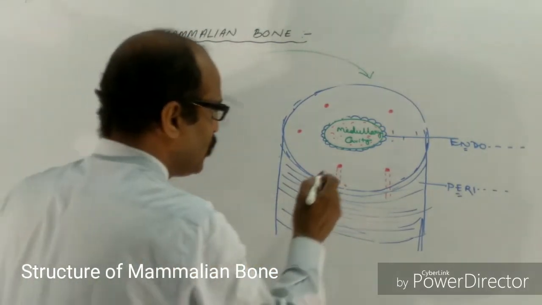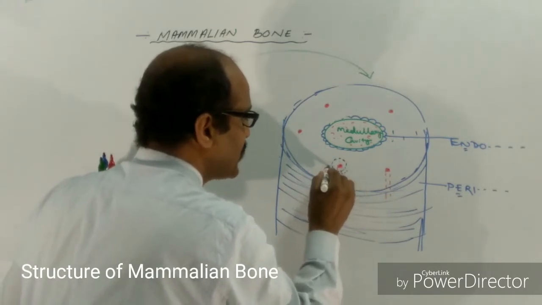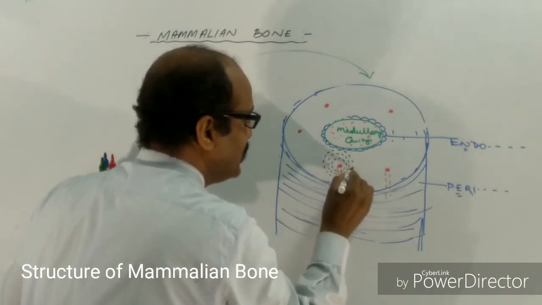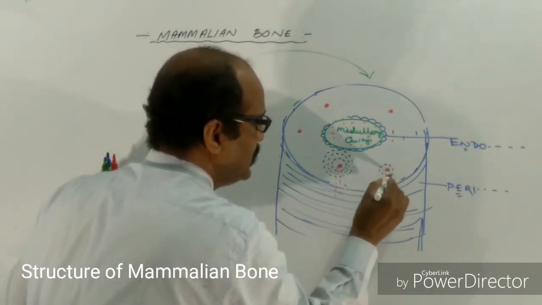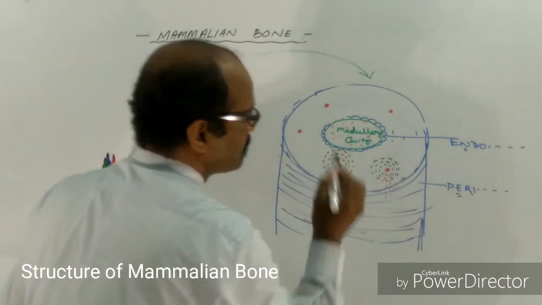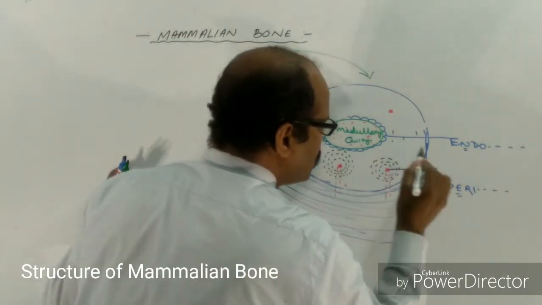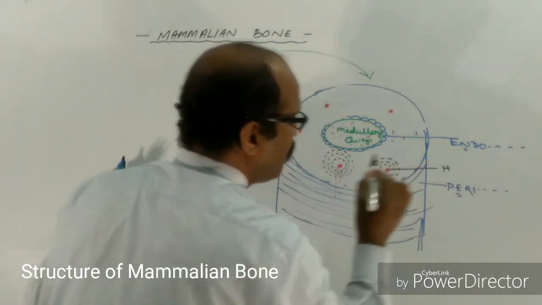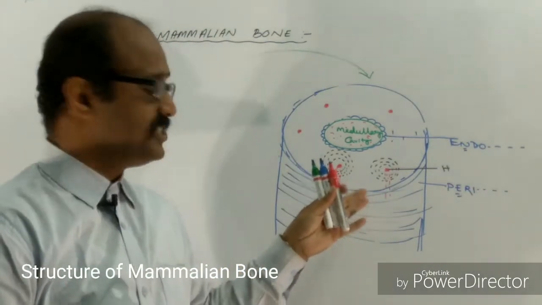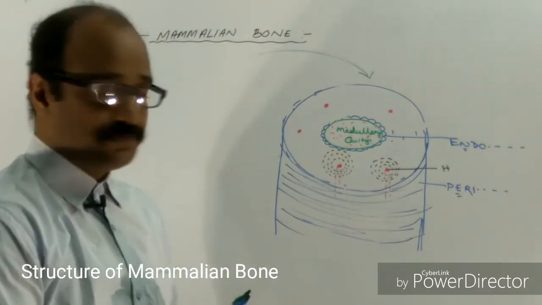Around such a canal, concentric layers of bone cells are present around the longitudinal canal. And this longitudinal canal is known as the Haversian canal, after the English physician or anatomist, Havers.